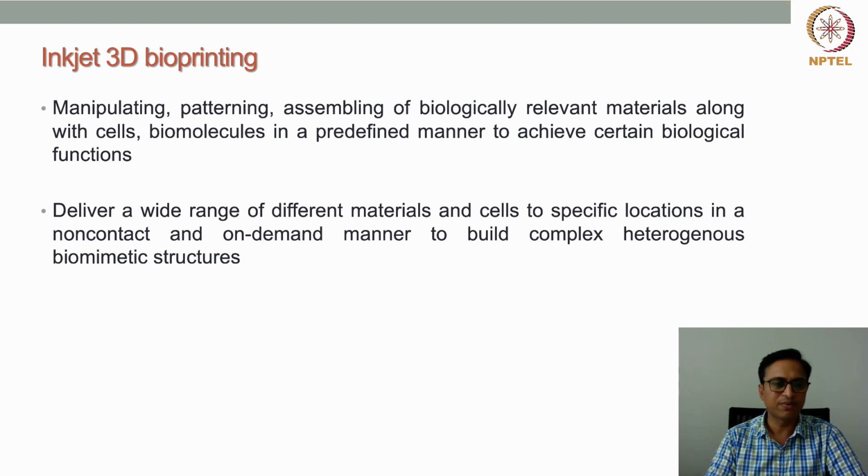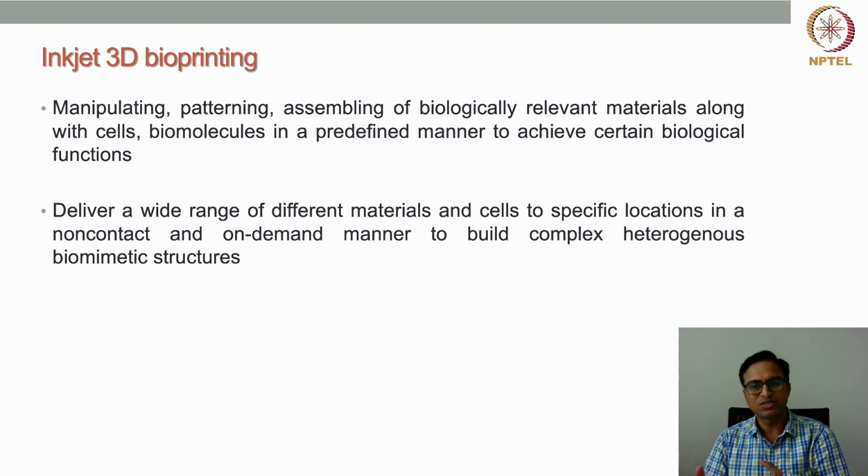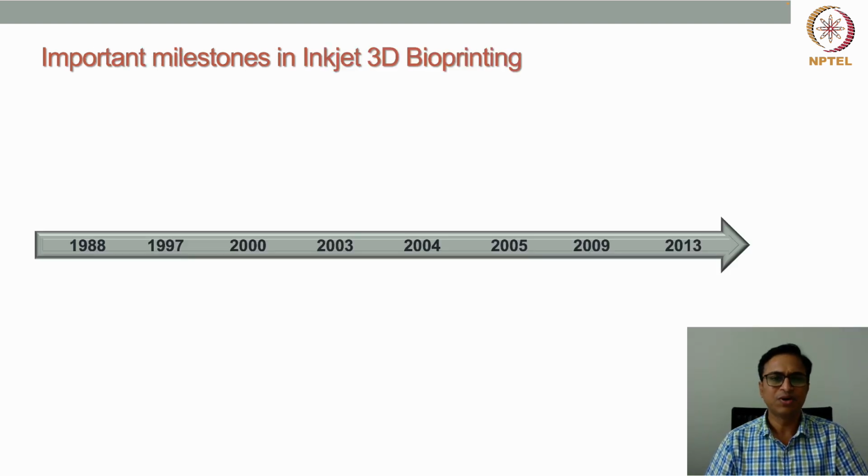Wherever we want, we can deliver these materials along with cells or without cells, or with biomolecules, in a non-contact, on-demand manner to build complex heterogeneous tissue structures. Now let us see what the different milestones in inkjet bioprinting are, because this technology started almost in the 1980s.